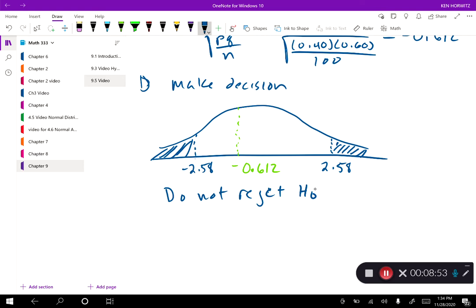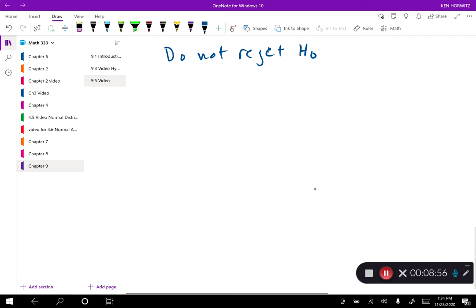I do like the summary. It does bring it back to the context of the problem. So if we summarize, we can say there is not enough evidence to reject the claim.